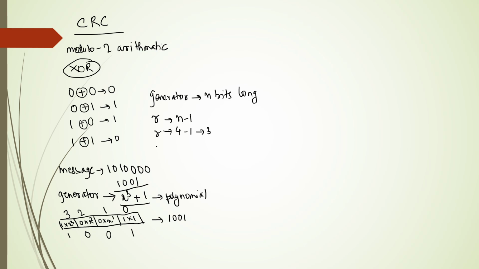Now what are redundancy bits in this case? At the sender side we will add nothing but 3 zeros to the actual data. Let us understand how. At the sender side, what was the actual data?